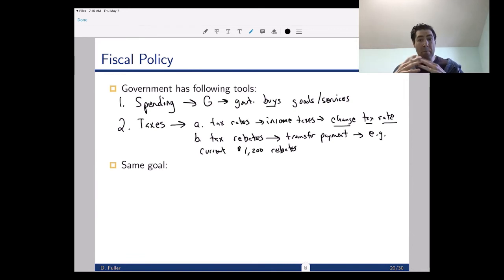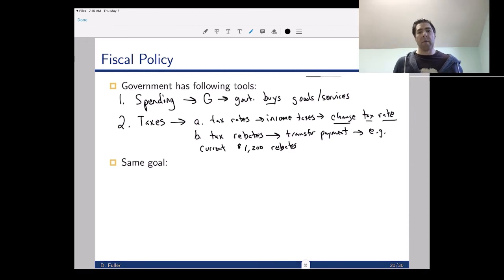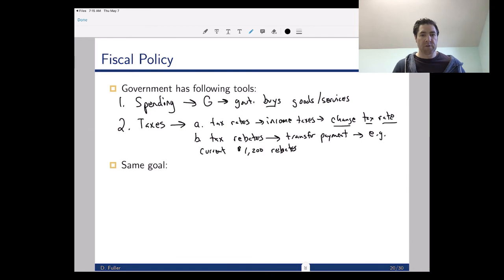So these are the main things that the government has in its toolbox to combat a recession or inflation in an expansion. The goal of this policy is exactly the same as monetary policy in the following sense: the goal is to change labor demand.